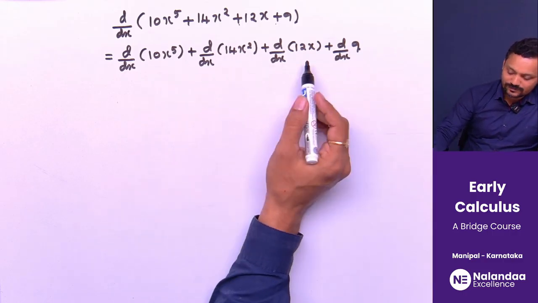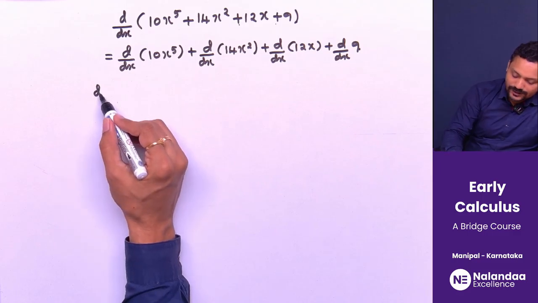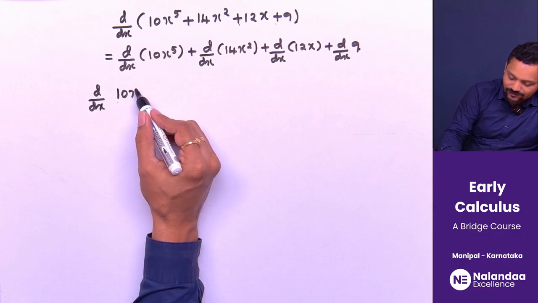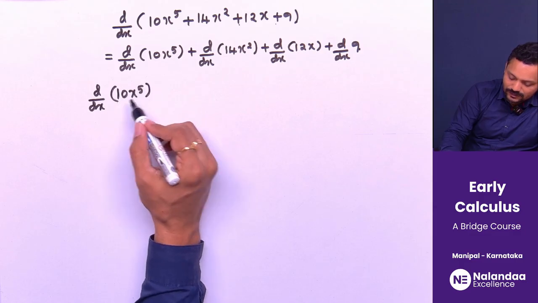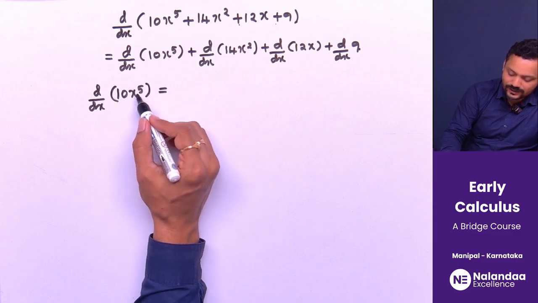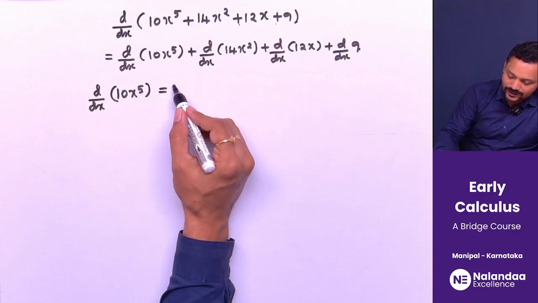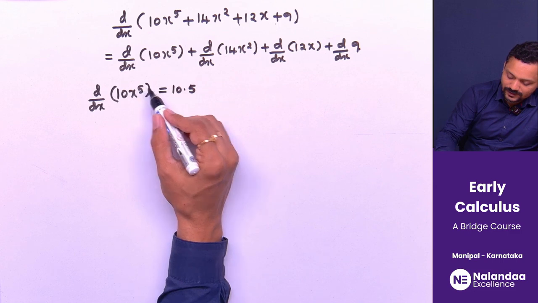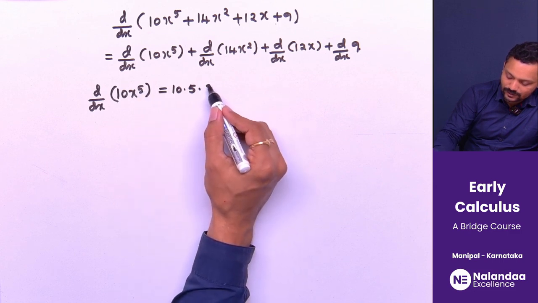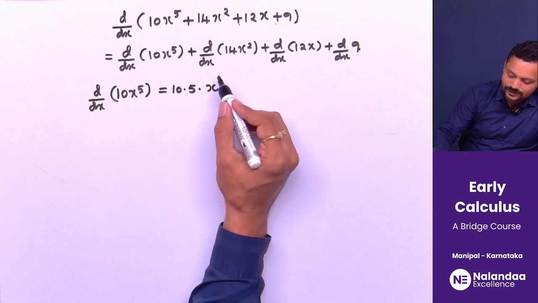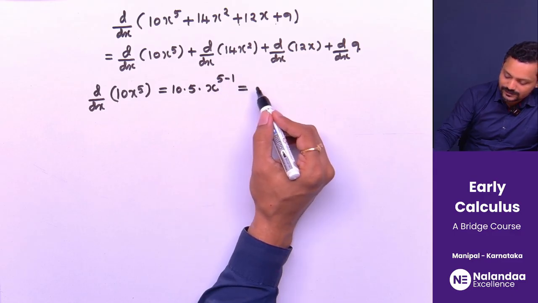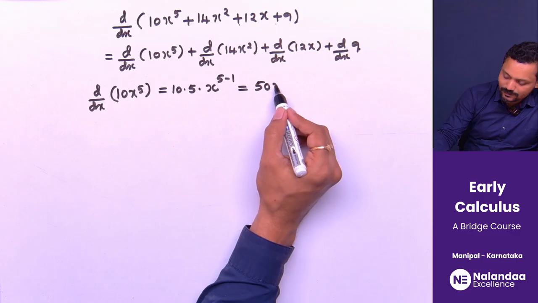So now let us do this one by one. First, d by dx of 10x power 5. Now this is of the form a x power b. So we write a, that is 10, into the power, that is 5, into x power, reduce the power by 1, that is 5 minus 1, that is 50 x power 4.